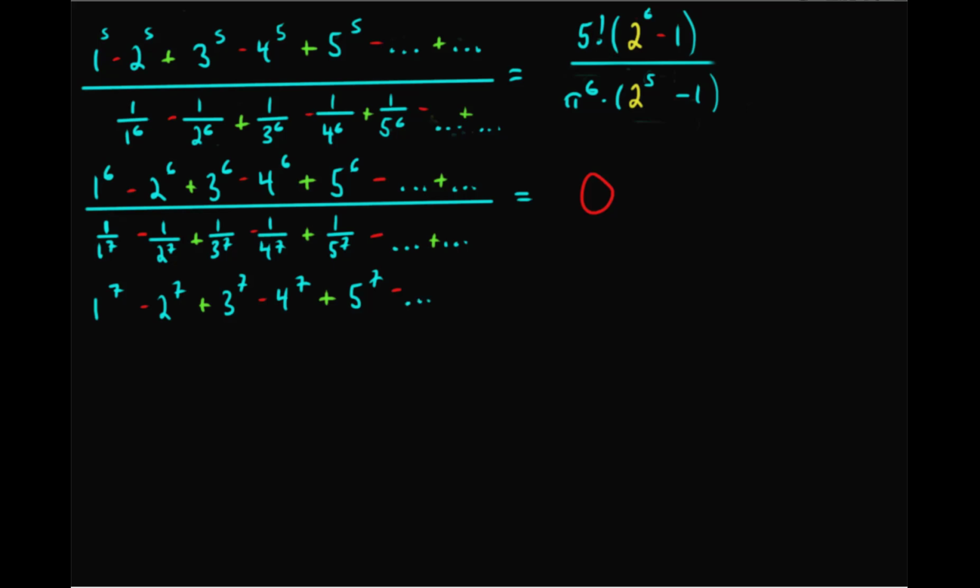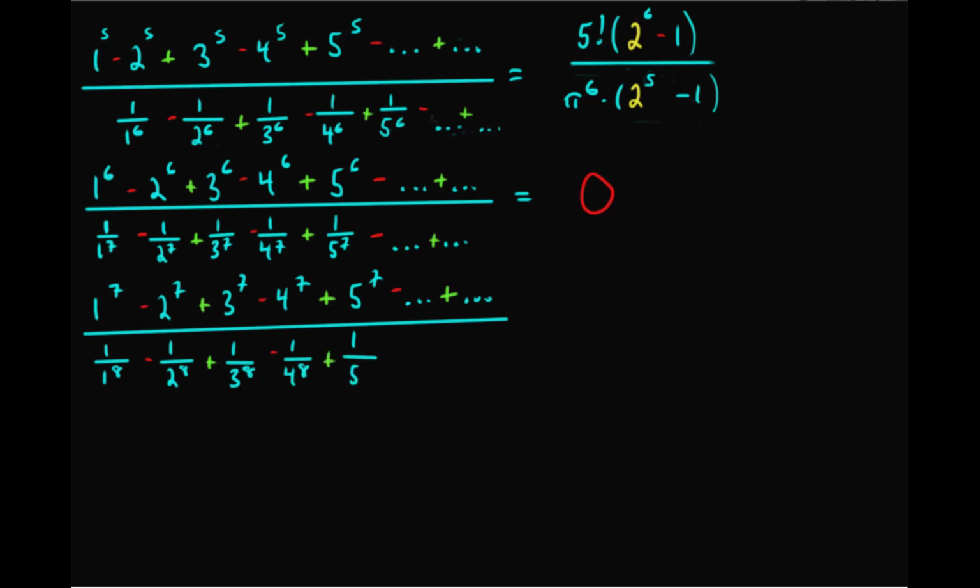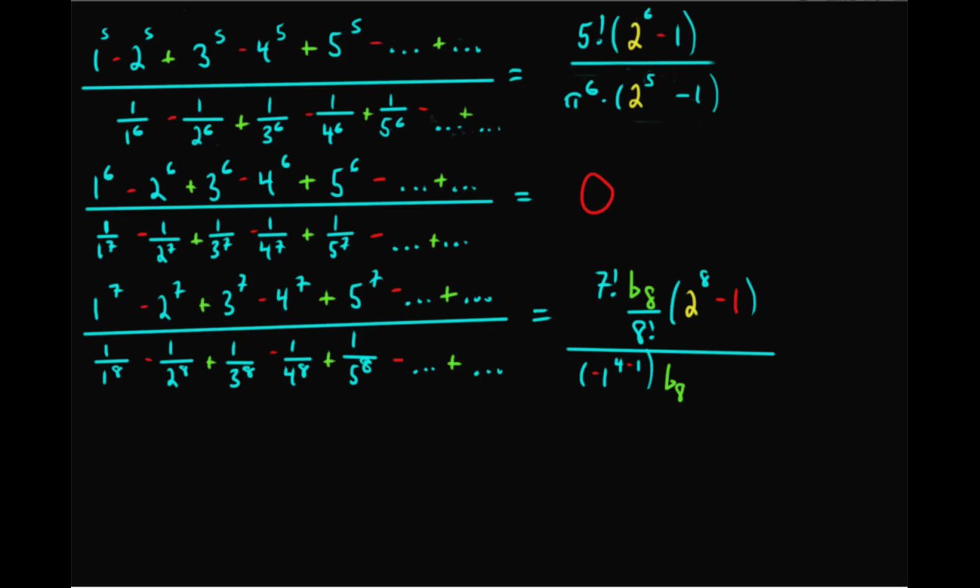Next, we would have 1 to the seventh minus 2 to the seventh plus 3 to the seventh minus 4 to the seventh plus 5 to the seventh minus plus all over eta of 8, and this will equal 7 factorial times b sub 8 over 8 factorial times 2 to the 8th minus 1, all over negative 1 to the 4 minus 1 times b sub 8 times pi to the 8th times 2 to the 7th minus 1, all over 8 factorial.